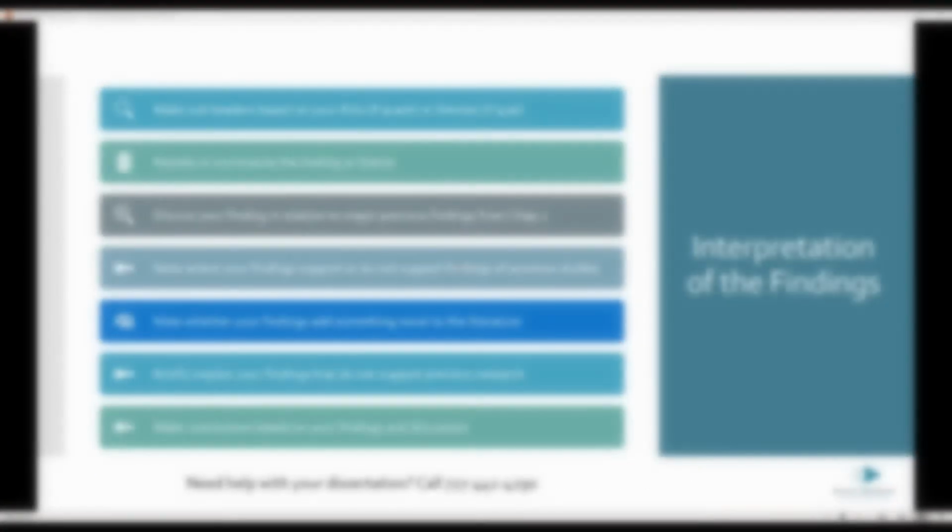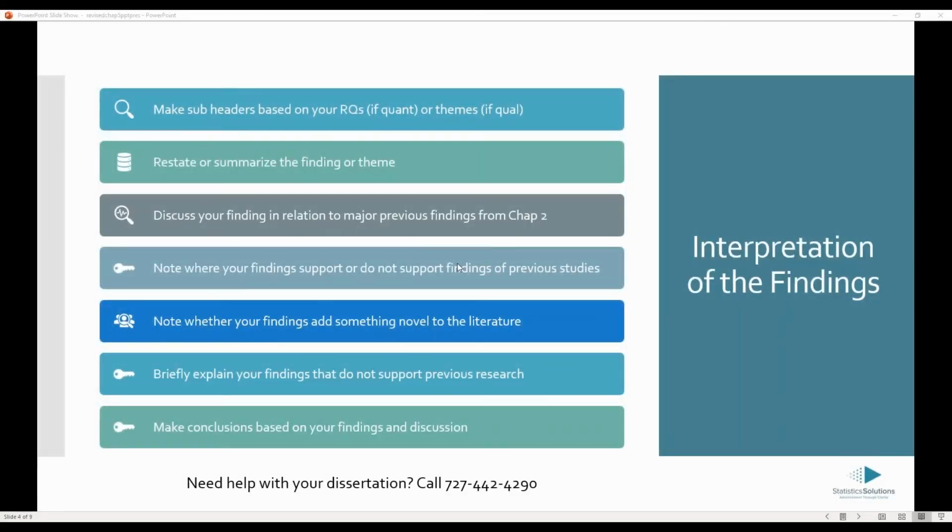Yeah, if it's mixed methods, you kind of have to talk about the quant portion and the qual portion and then synthesize that. All studies are different, and mixed methods are a little different.